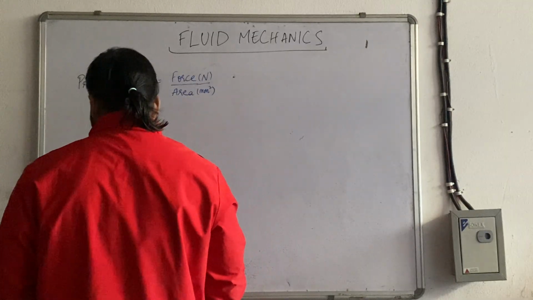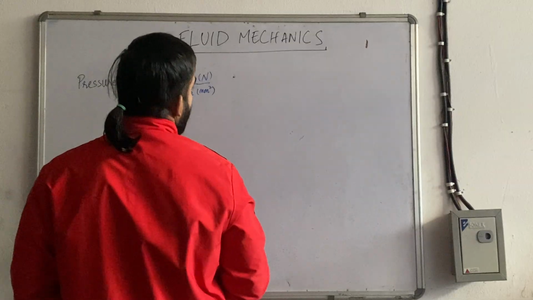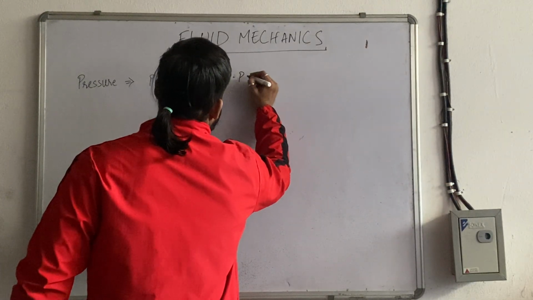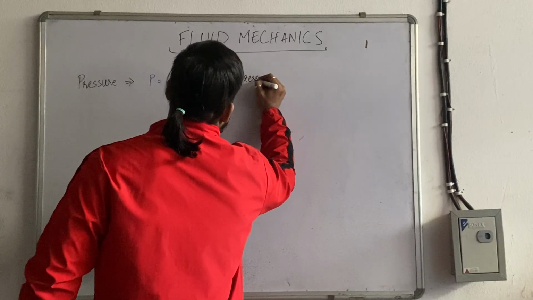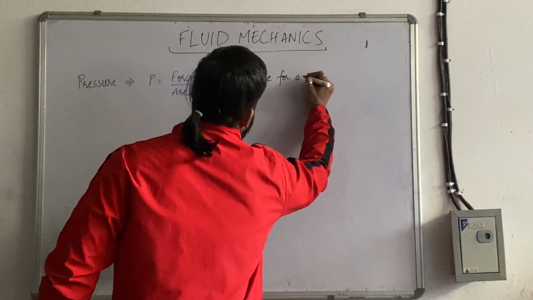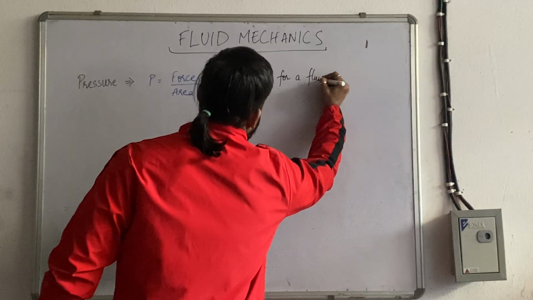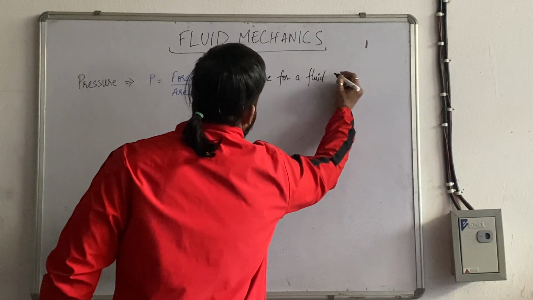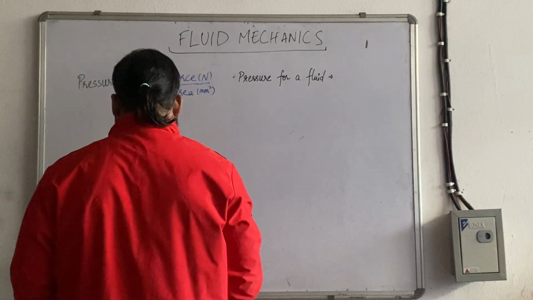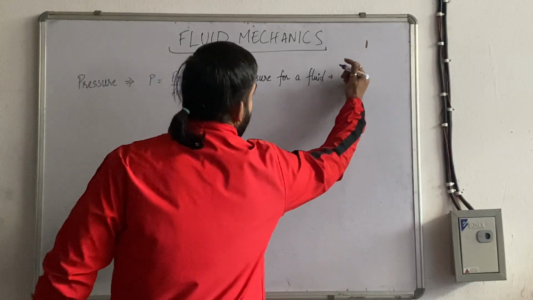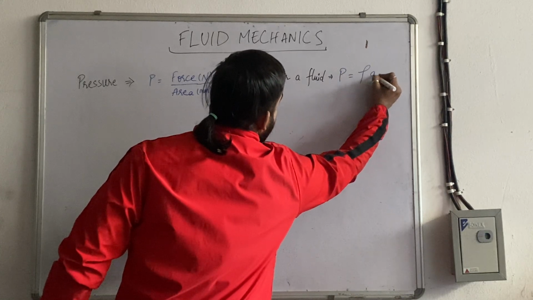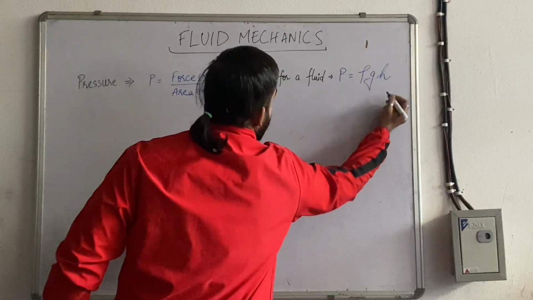In fluid mechanics, pressure for a fluid can be written as P equals rho g h.